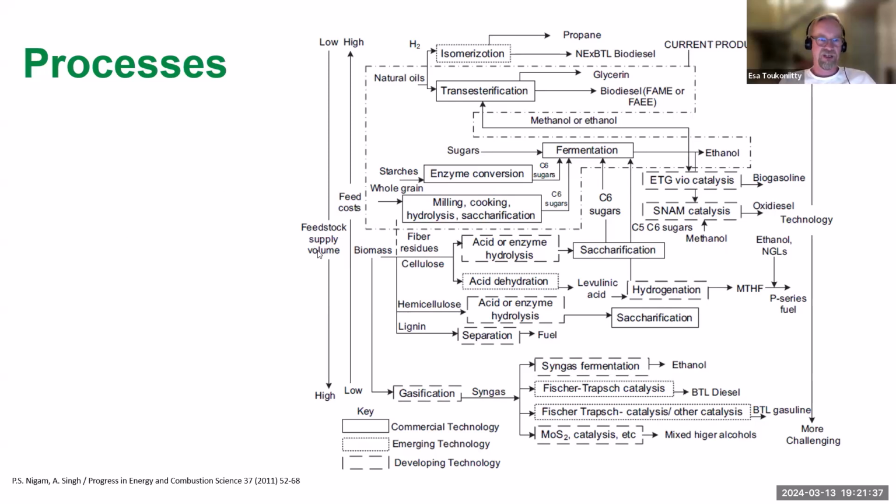Here is feedstock supply volume, so you'll notice this arrow: here it's low supply volume, here it's high supply volume at the lower part. This other arrow shows what is technology-wise more challenging and less challenging. So these on the upper part are less challenging technologies.